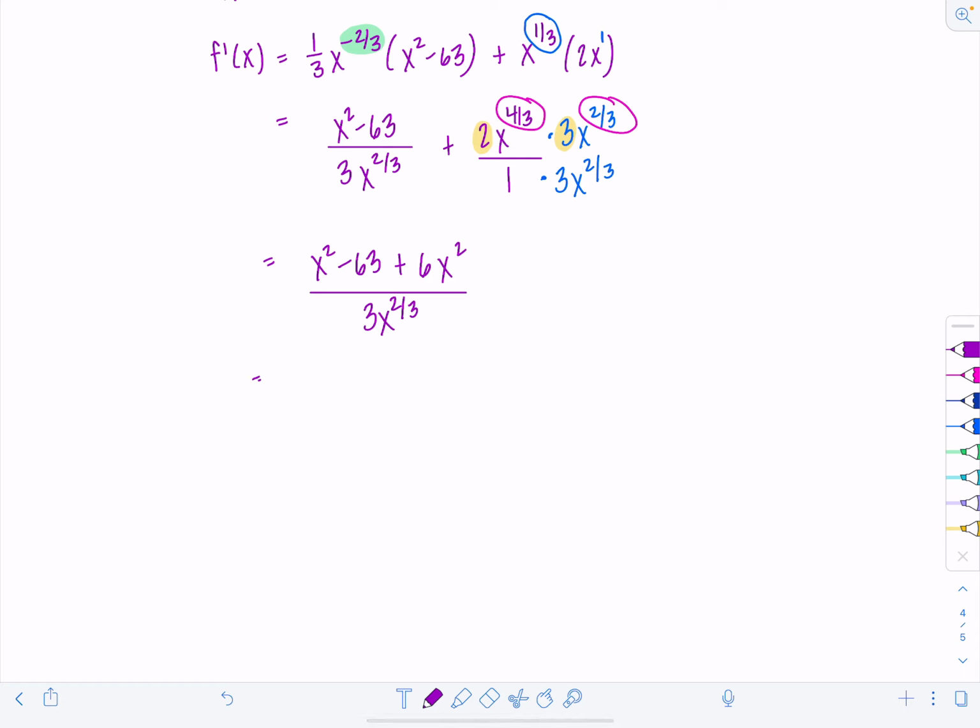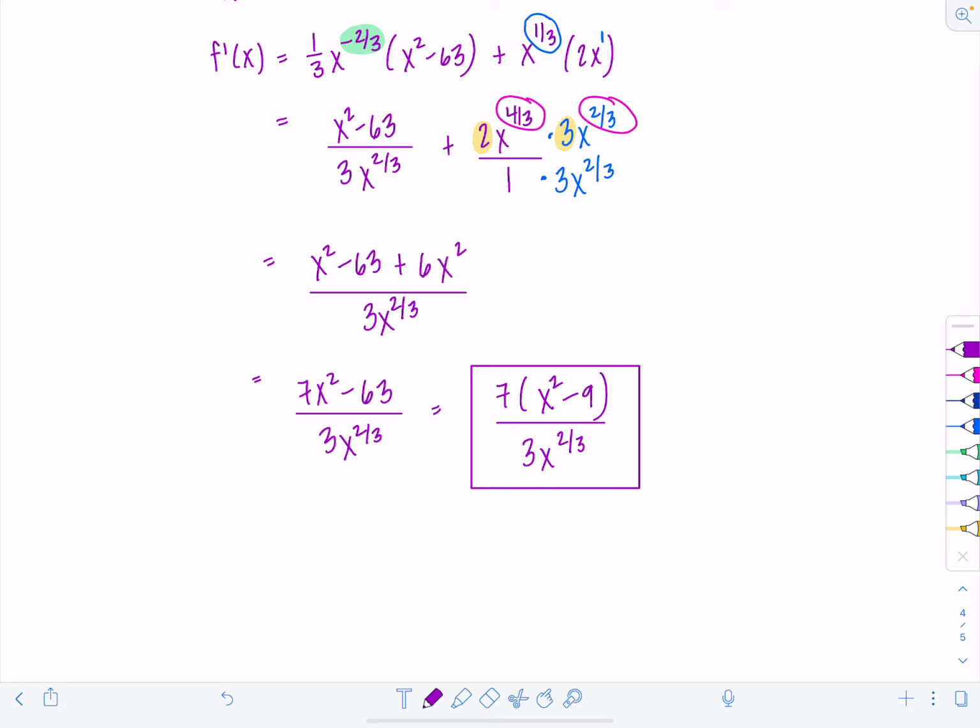All right, and then I can combine like terms in the numerator. So we've got 7x squared minus 63 over 3x to the 2/3, and then I can factor out that 7. Then we have x squared minus 9. Oh my goodness, this is going to work out beautifully, over 3x to the 2/3. There's our derivative, all spruced up, ready for action.